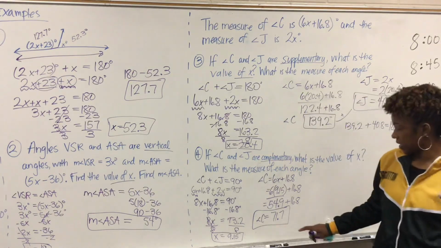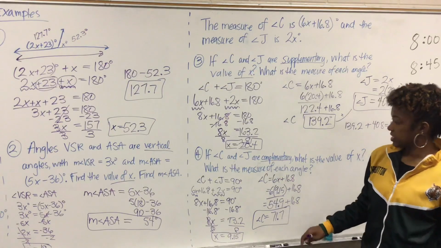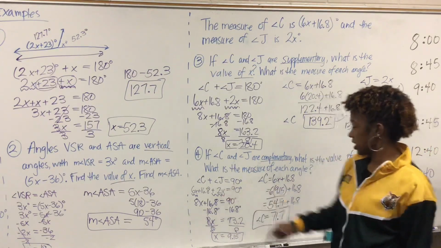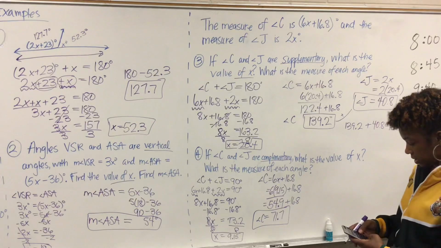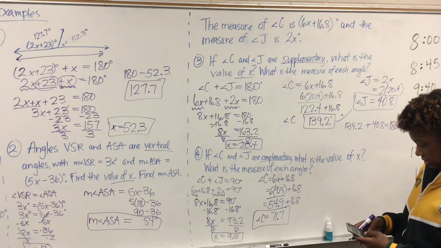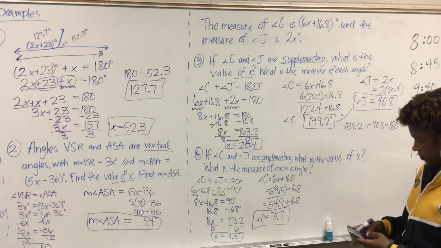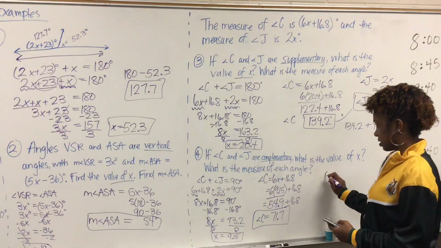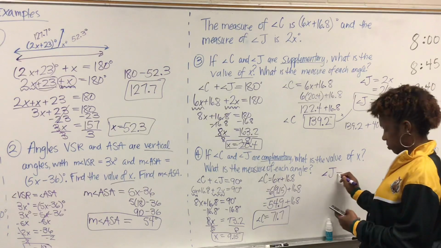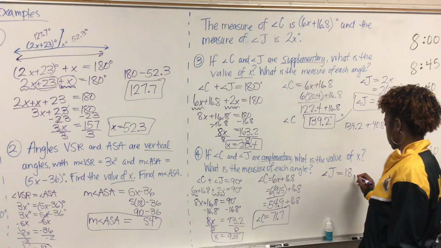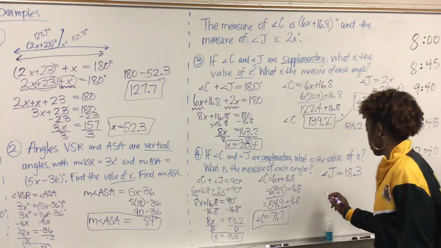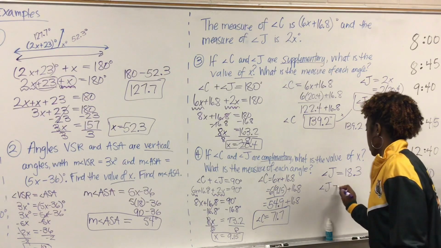We can subtract this from 90 and see what the angle measure of J is. 90 minus 71.7, so angle J should equal 18.3. Now we're going to check just to make sure. Angle J equals 2x.